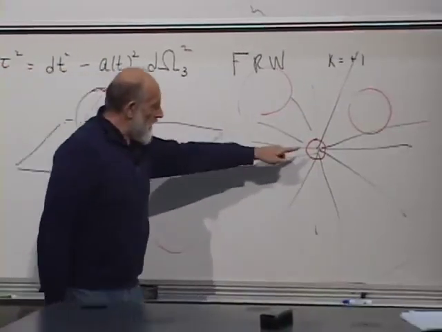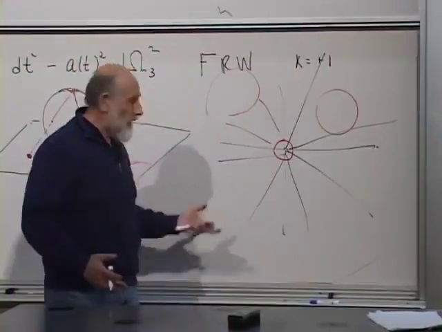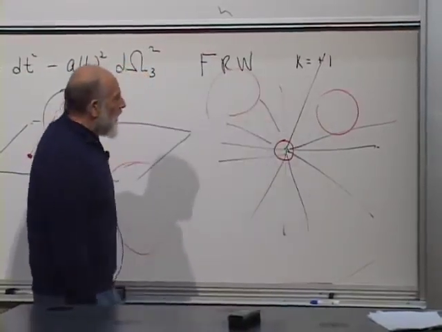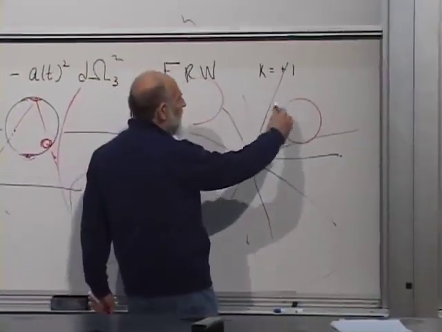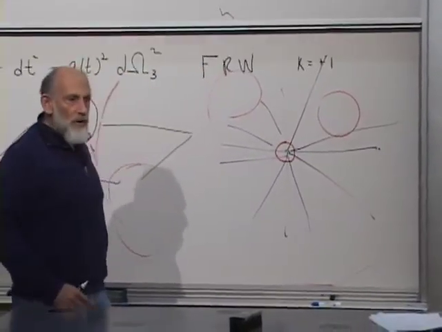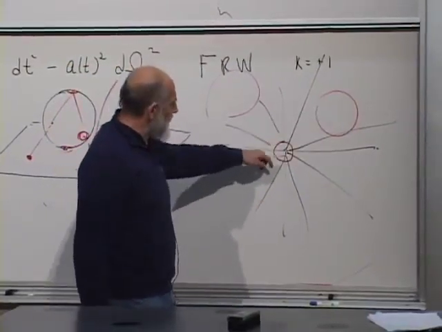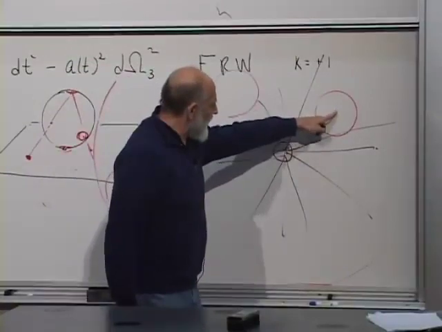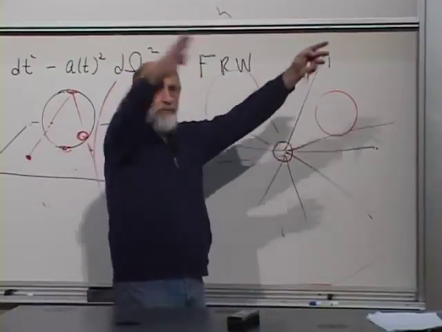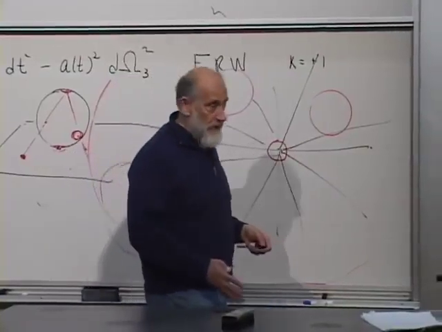Now, the main thing I want you to notice now, and which is more or less obvious, is that if you were at the center, let's put us at the South Pole now, and we're looking out around the world, we see angular sizes which are distorted relative to the size of the object. In other words, this object over here looks too big to us. When we look at it, it subtends too large an angle compared with flat space.